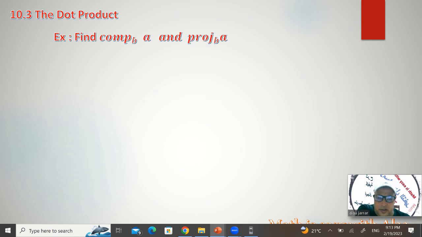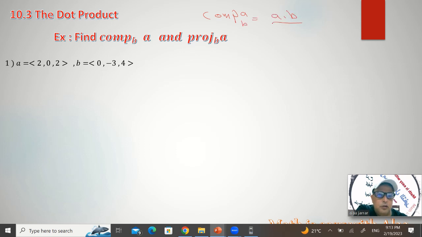Now, the same way, I'm sorry, if we have 3 dimensions, first of all, we know that the component of A along B equals A dot B over the magnitude of B. So first of all, we find A dot B: 2 times 0 plus 0 times negative 3 plus 2 times 4.